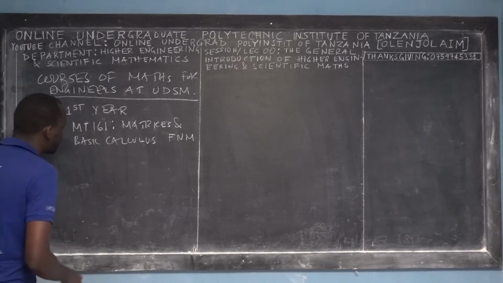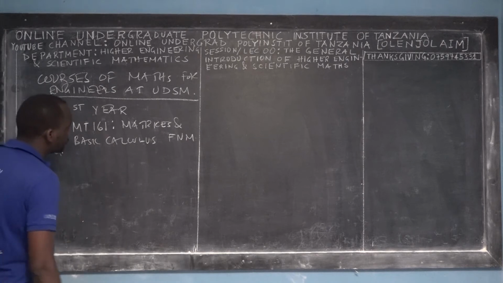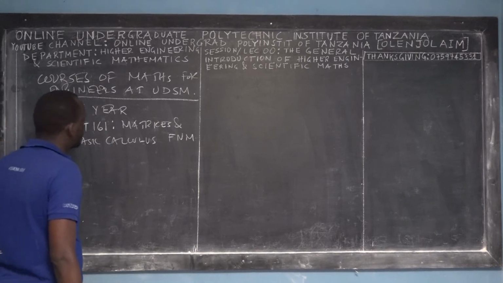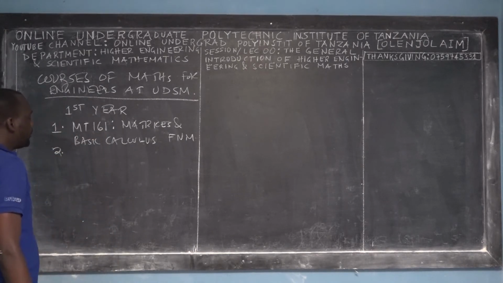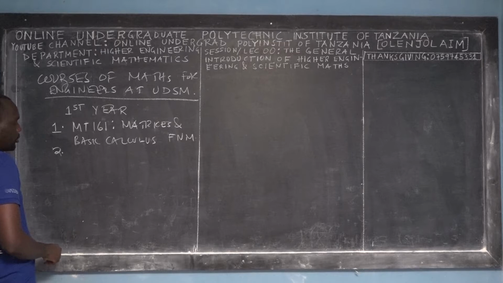This is the first course, and I've made the general introduction of it, so make sure you look at lecture 00, the general introduction of matrices and basic calculus. This is the first semester course.